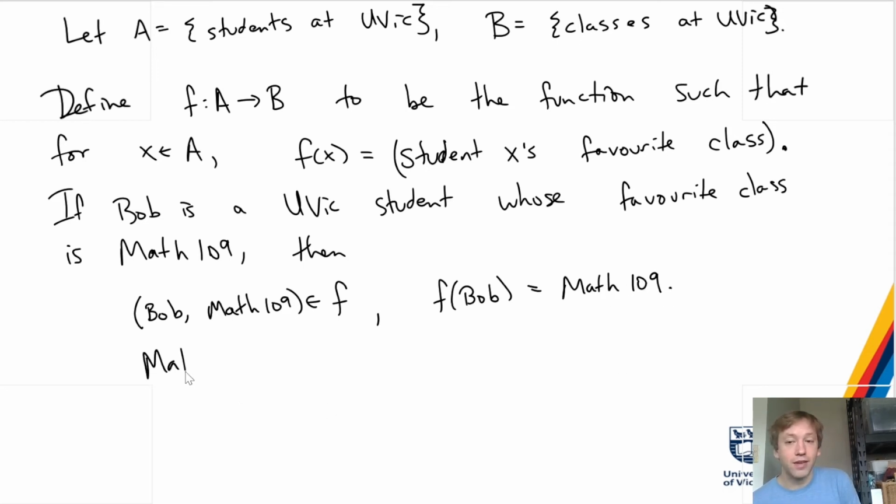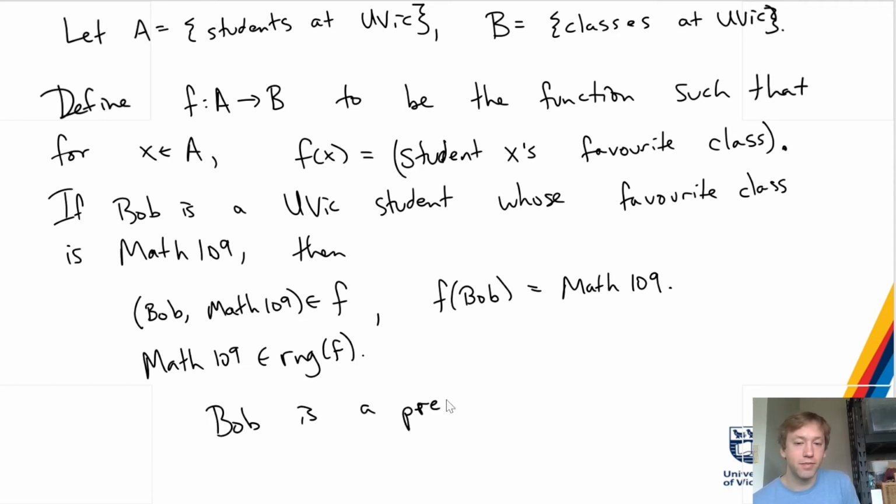Math 109 is in the range of f. Bob is a preimage of Math 109. Okay, so all of these statements are true.